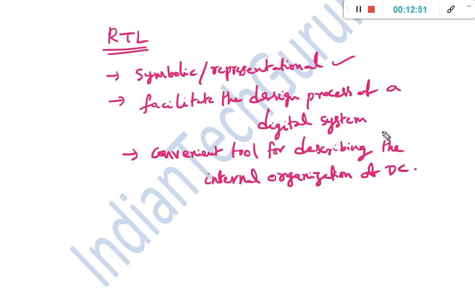That is how the internal organization occurs, how we are going to connect the hard disk drive to main memory, how we are going to connect main memory to the motherboard, how we are going to connect the processor to the motherboard, how the data transfers between all these devices occurs. All these can be understood in an effective way using the register transfer language.